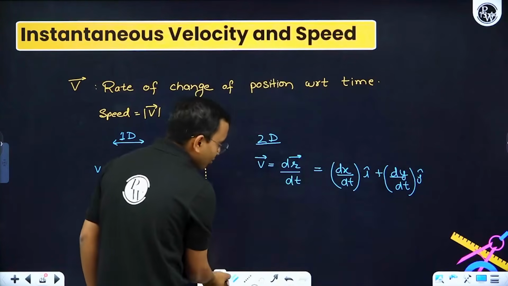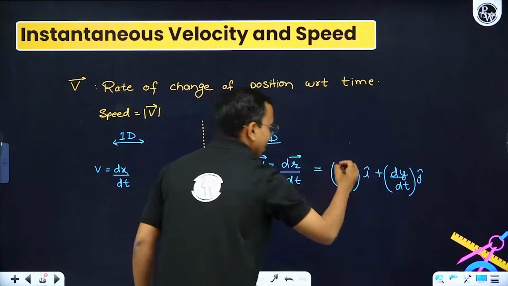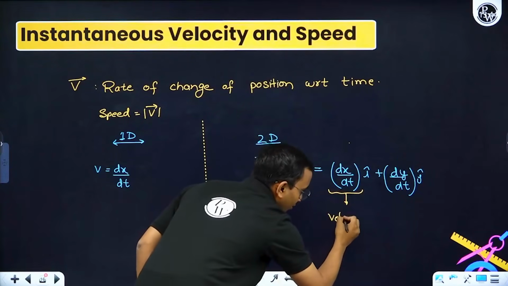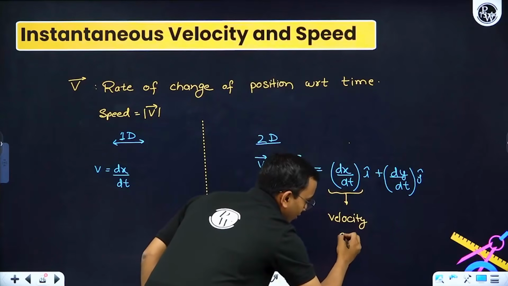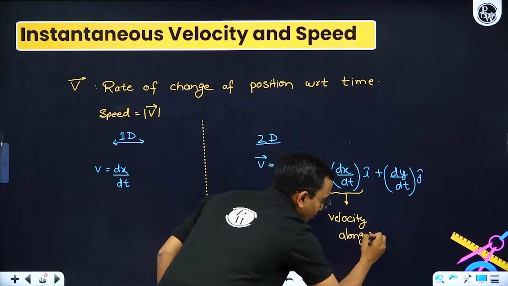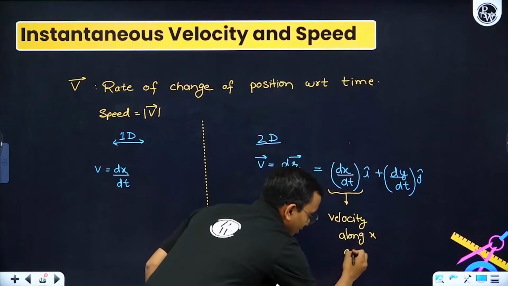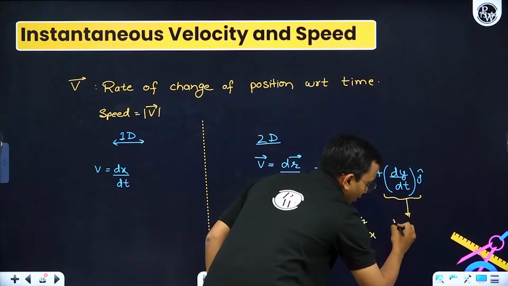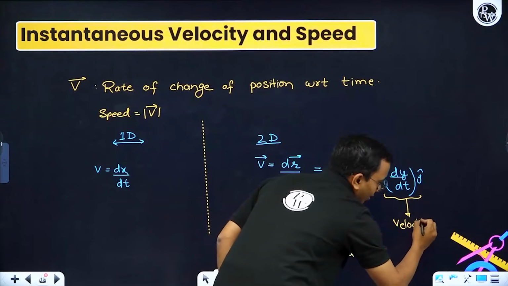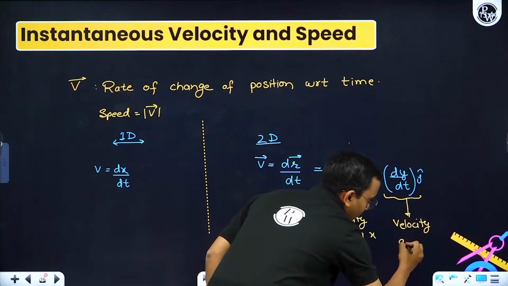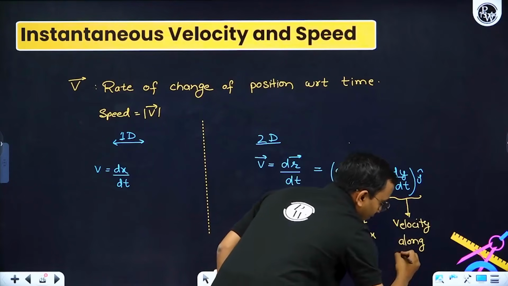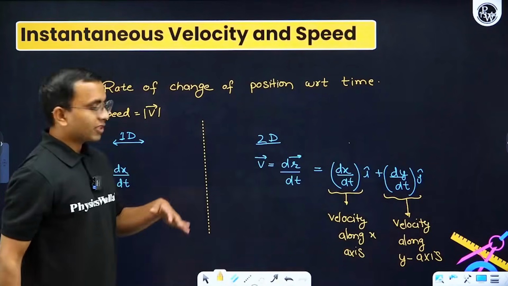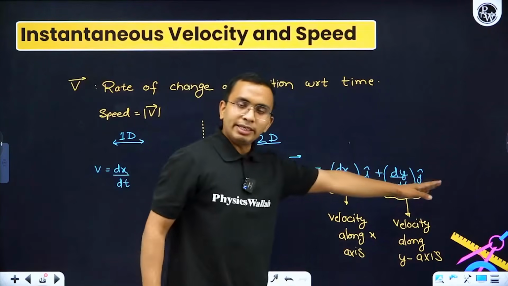So what is this dx by dt? I'll say this dx by dt is my velocity along the x-axis and dy by dt is velocity along the y-axis. Now if z is also there, you can write dz by dt k cap.